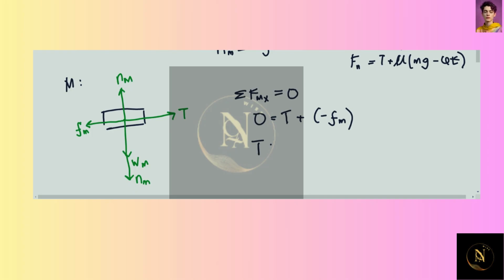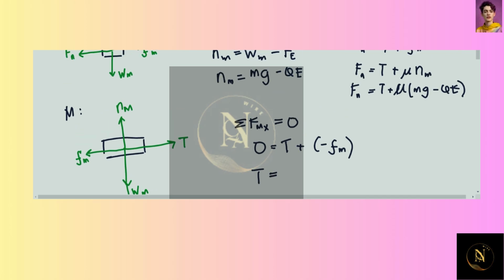Rearranging, tension is equal to the friction force of the small block, which is the product of the coefficient of friction multiplied by the normal force, which is this one. Inserting this into the equation, then T is equal to this quantity.